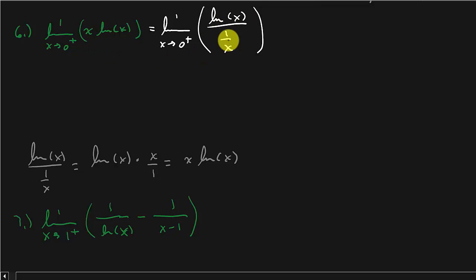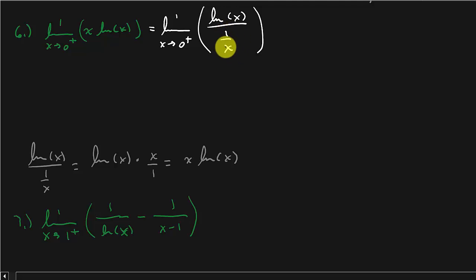So why did I do that? Well, as x comes to 0 from the right-hand side, I just showed you natural log of x goes to negative infinity. And as x comes to 0 from the right, the denominator 1 over x, well, x is getting really, really small, like 0.1, 0.0001. So I have 1 over a really small number.